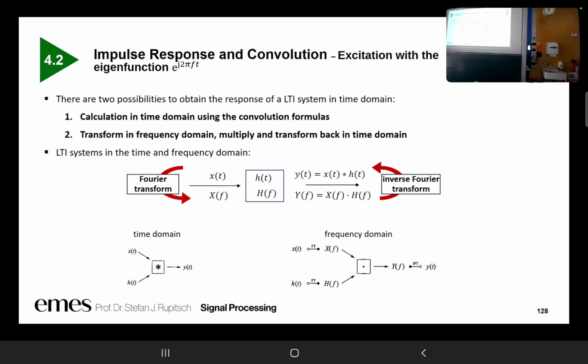That's the reason why we usually calculate this in the frequency domain by multiplication, and then we go back to the time domain by the inverse Fourier transform. This is the time domain procedure, we have the convolution, and in the frequency domain we have the multiplication. But in order to arrange this, we have to transform x and h into the frequency domain.